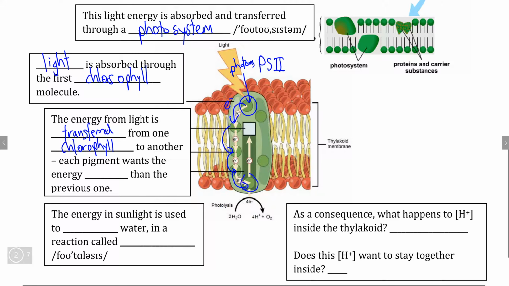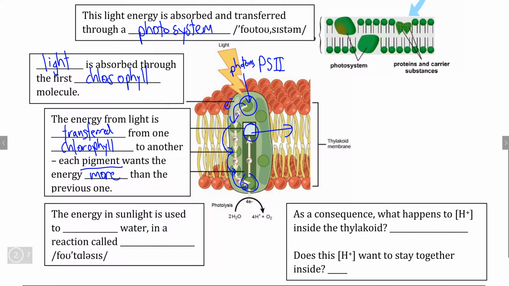We can think of this as a miniaturized electron transport chain because each chlorophyll pigment in the chain wants the energy being transferred more than the one before it, because of increasing electronegativity and also increasing reduction potential. Each of these chlorophylls gains electrons slightly more easily than the one that came before it. And eventually these electrons are transferred out of the photosystem, where they enter a true electron transport chain, which is the subject of the next video.